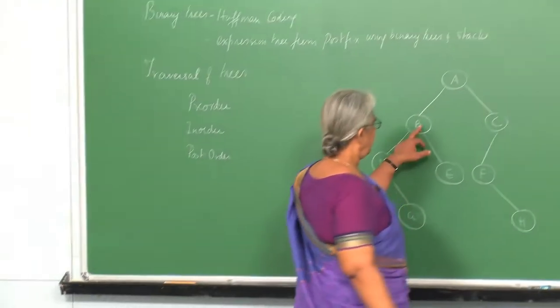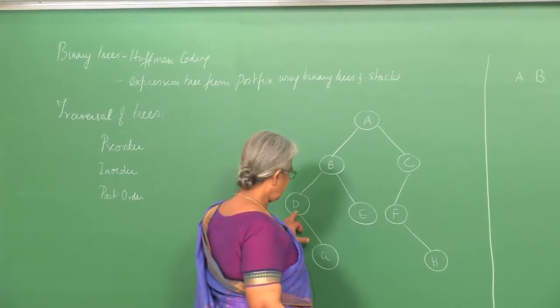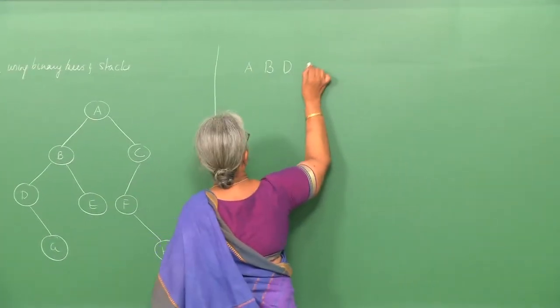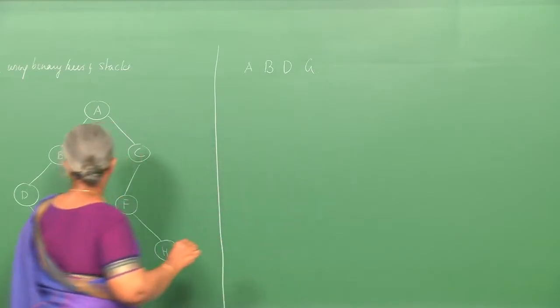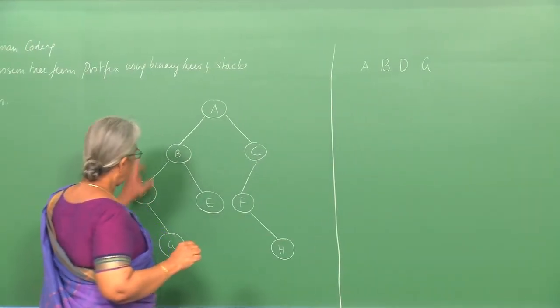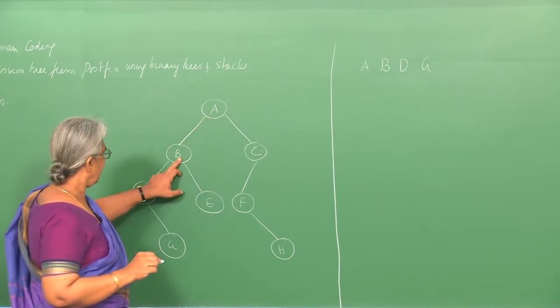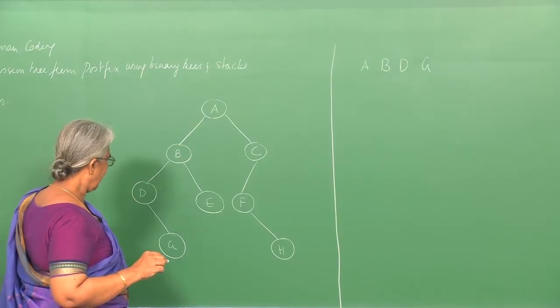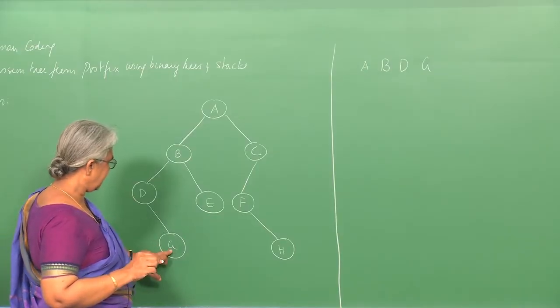So, I visit B, then I go down, this is the next node which I will display, and D, G, then we will come back, because this left subtree is completely over now. Remember, we started with A, we came down to B, we came down to D. Therefore, we then look at the right subtree.